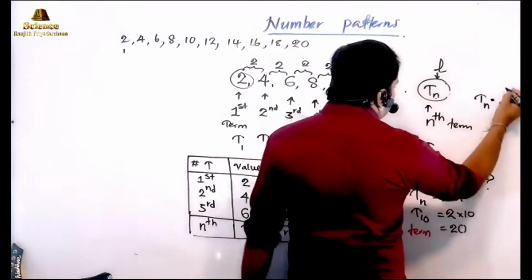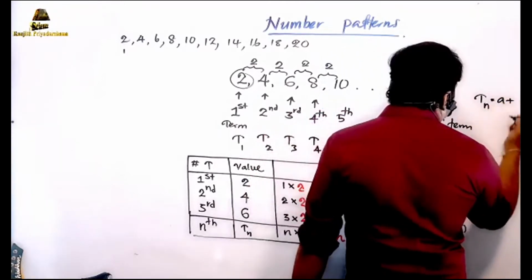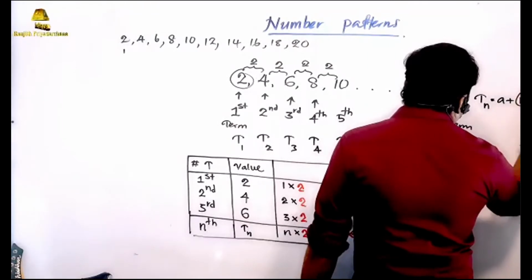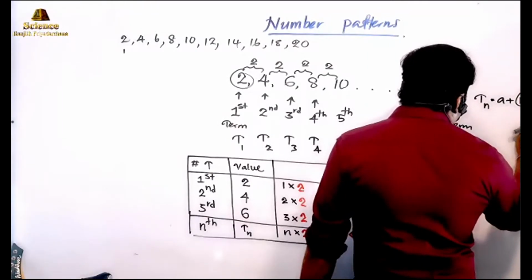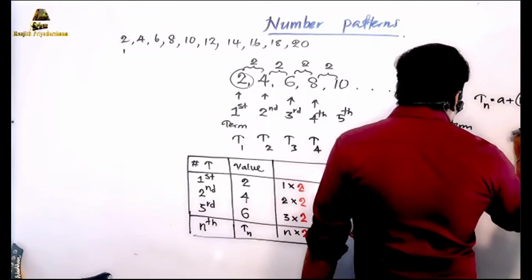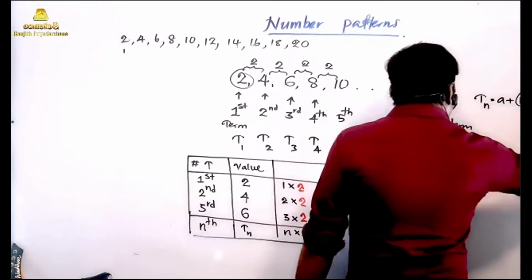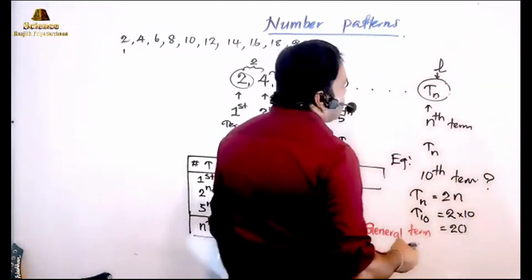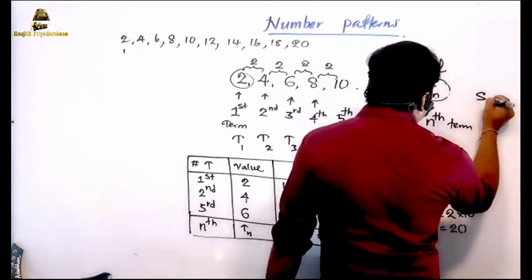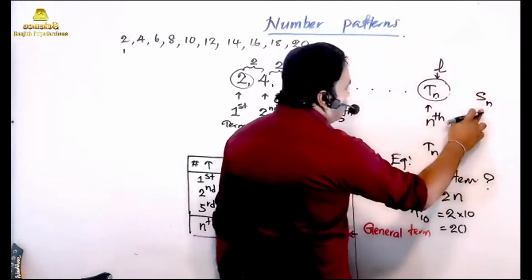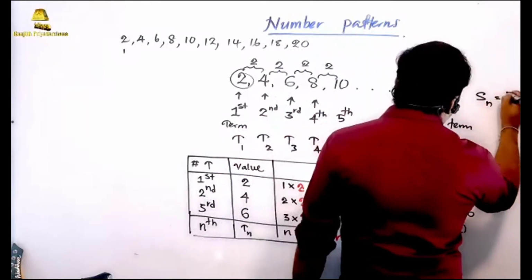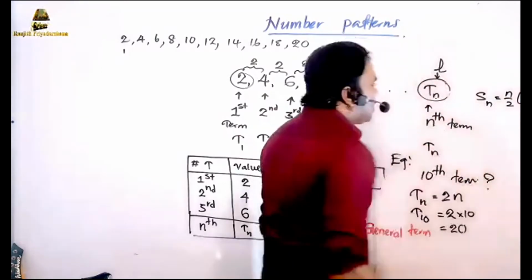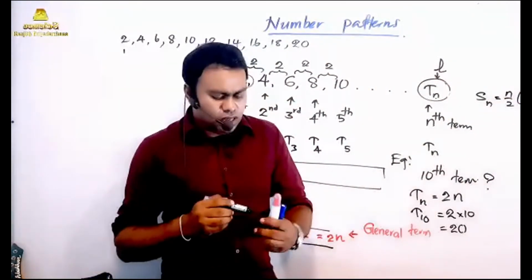(n minus 1) times the difference. This is what you will learn later. If we take the sum of the terms, we write another equation: the sum of n terms is n upon 2 times (a plus l). This is not used now, but it is good to know the last term.